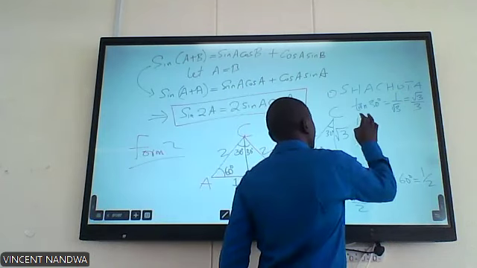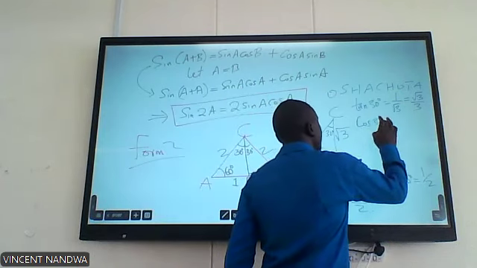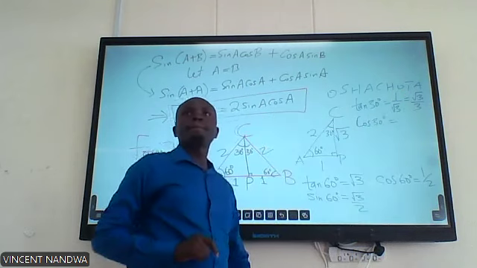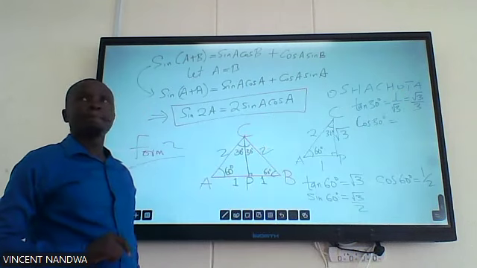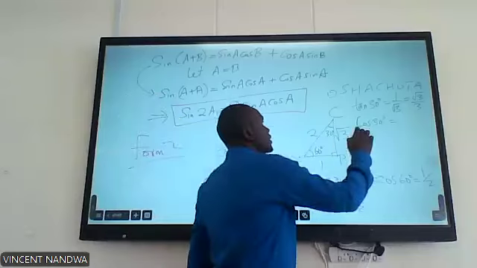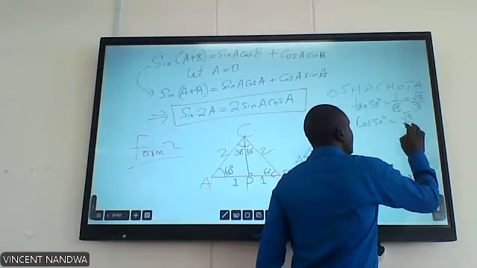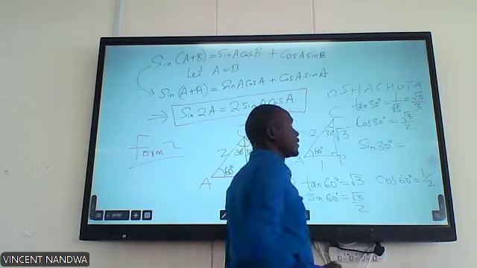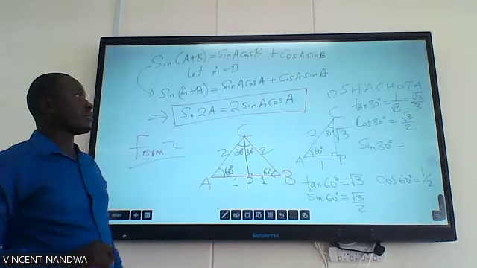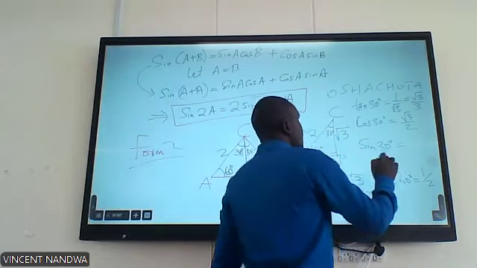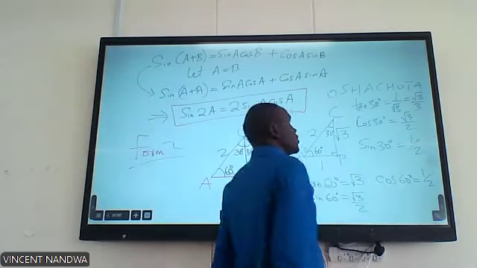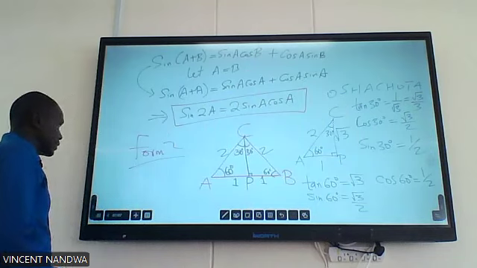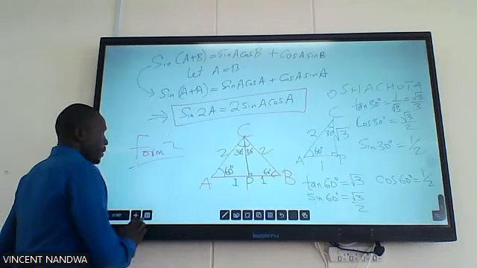Then next, what is cosine of 30 degrees? So root 3 over 2, correct? Then next, what is sine 30? Opposite over hypotenuse. So these are the things you know from your form 2.